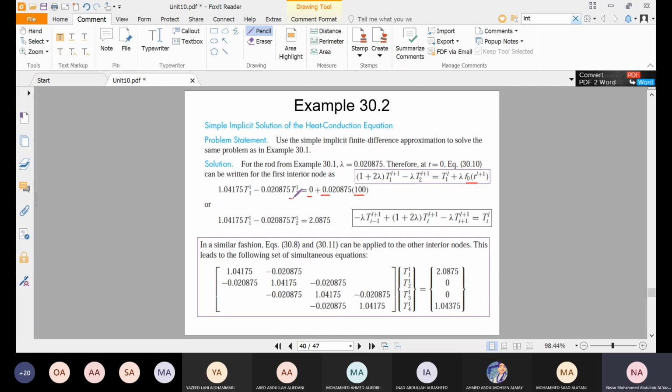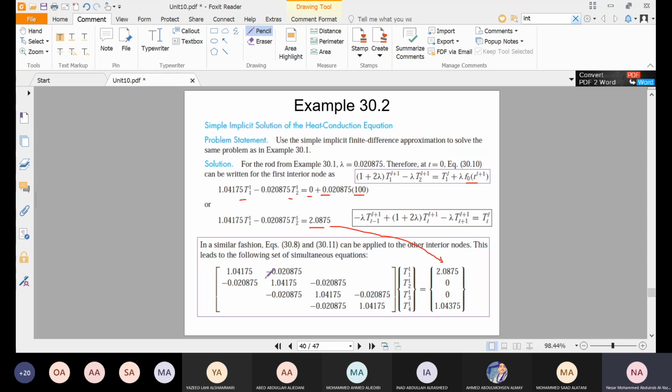So the values here are unknown. We have two unknowns here and two known values. After that, this is known, so this will be a constant in this case. So we multiply them and get this constant. We move it to this side of the equation, and we put the unknowns in the left side of the matrix.